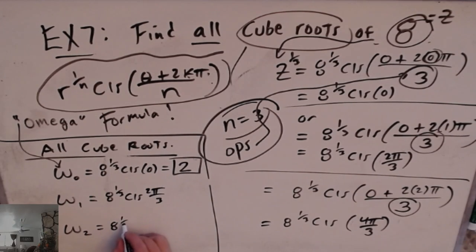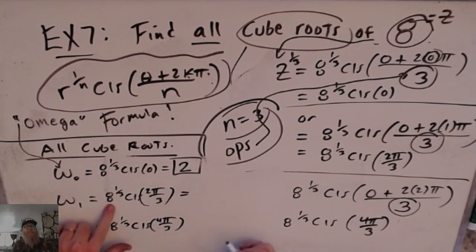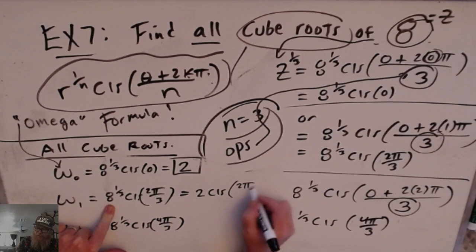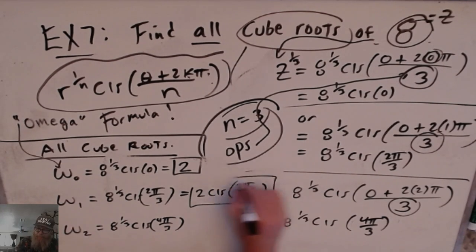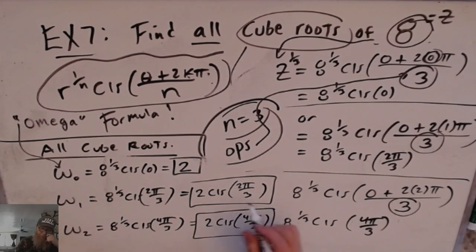And 8 to the 1/3 cis 4 pi over 3. I like to simplify the 8 to the 1/3, so this is 2 cis 2 pi over 3. And this is 2 cis 4 pi over 3. And there it is. Those are your 3 cube roots of 8.